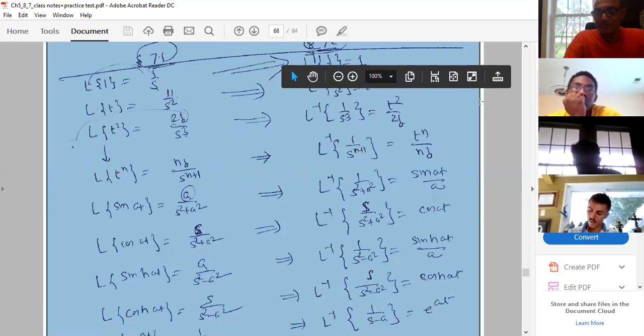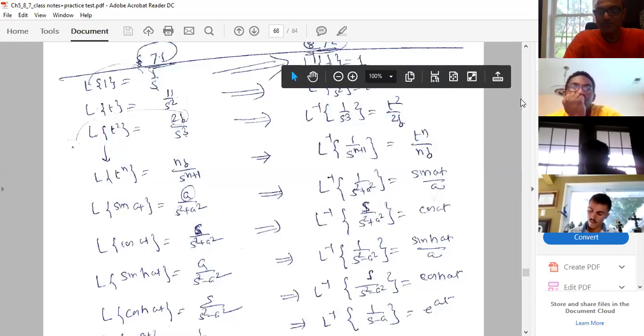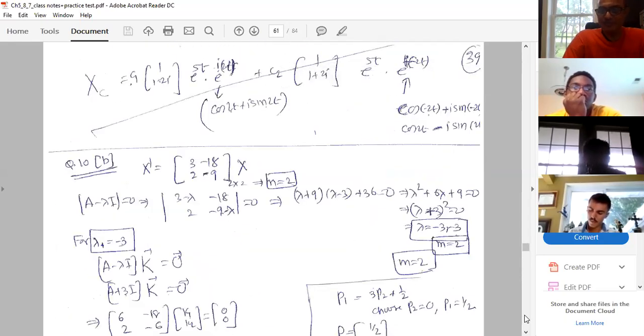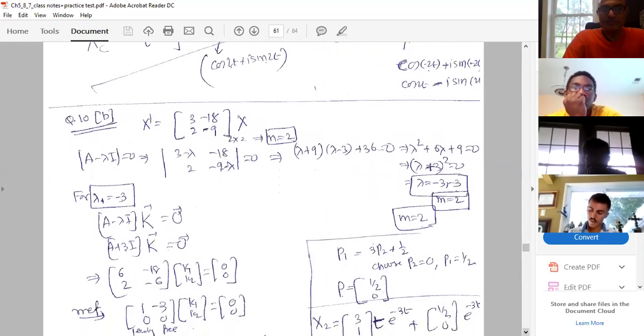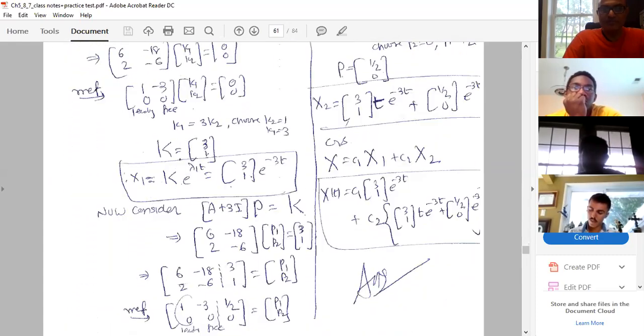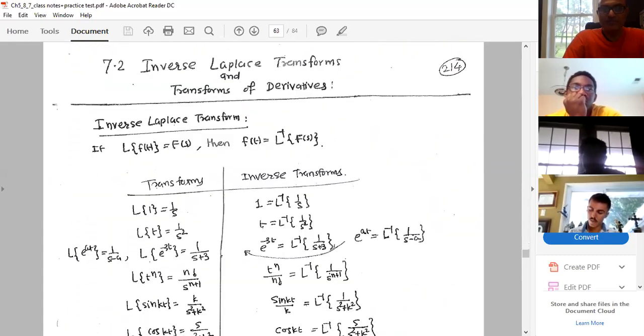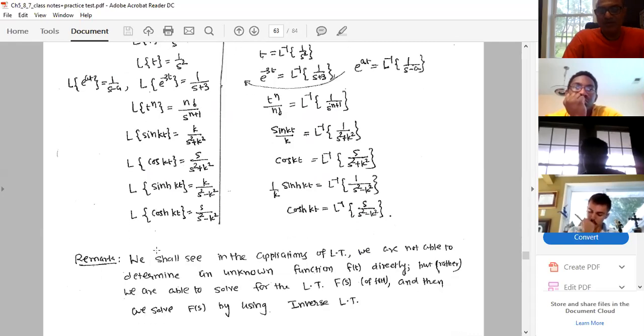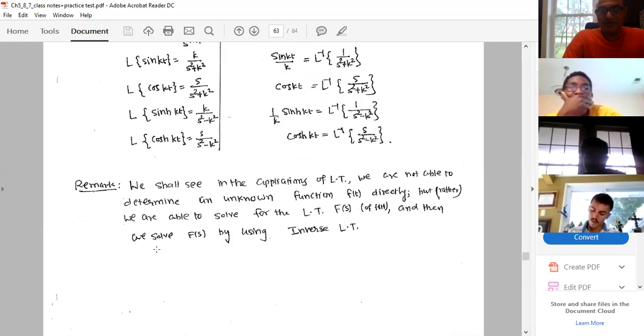Look here, Laplace of 1 is 1 over s, inverse of 1 over s is 1. So everything is included over here. Most of the formulae are there.